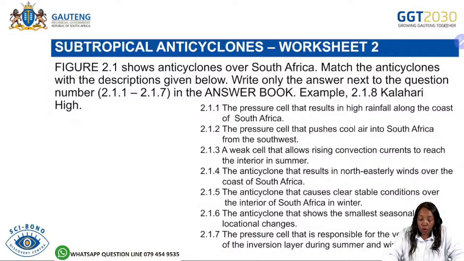The anticyclone that causes clear, stable conditions over the interior of South Africa in winter. Then the 6th question, the anticyclone that shows the smallest seasonal locational changes. The last question, the pressure cell that is responsible for the vertical position of the inversion layer during summer and winter. Right, you have 2 minutes to complete this worksheet.